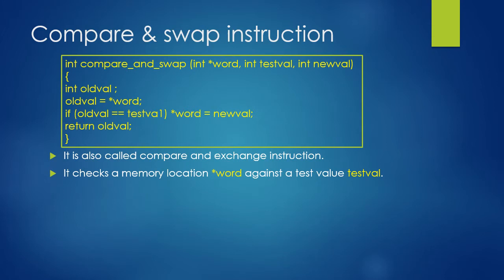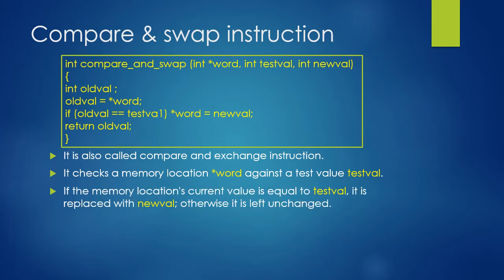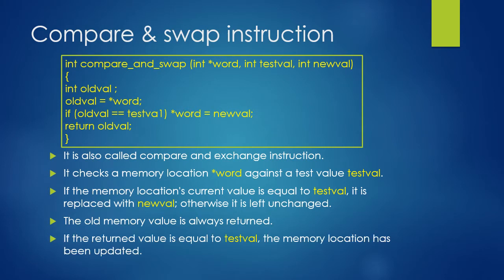It checks a memory location pointer word against a test value testval. If the memory location's current value is testval, it is replaced with newval, otherwise it is left unchanged. The old memory value is always returned. Thus, the memory location has been updated if the returned value is the same as the test value, testval.